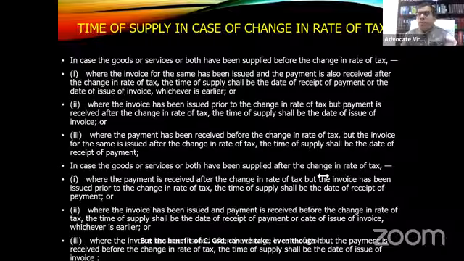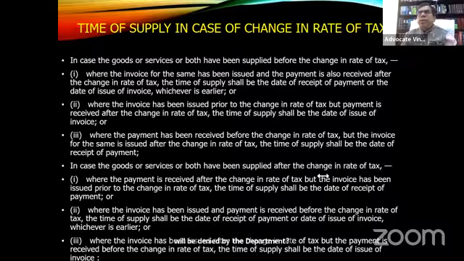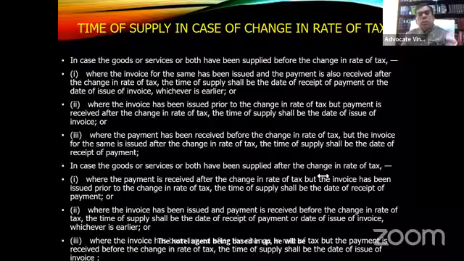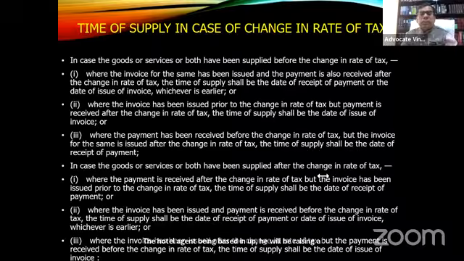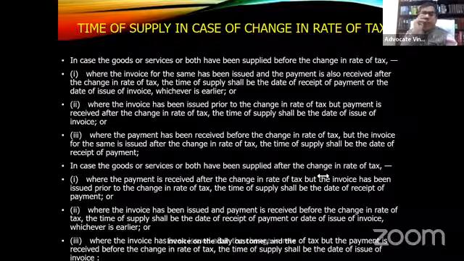But in my view, there is no bar to take the credit because CGST is a central levy, and irrespective of the state where it is levied, the benefit of ITC should be availed. But SGST is a state-based tax, and therefore the benefit of ITC cannot be availed. Now, with respect to the invoice raised by the hotel agent being based in UP, he will be raising an IGST invoice on the Delhi customer, and the benefit of such IGST can definitely be availed by the customer based in Delhi.